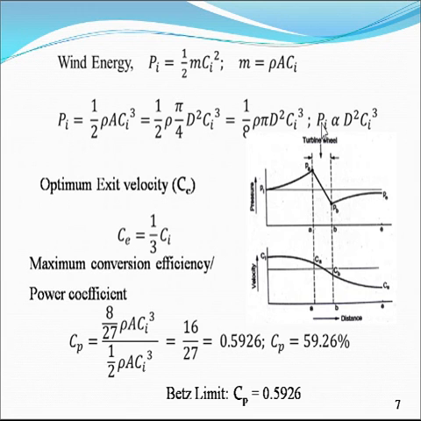That wind power is directly proportional to d square into Ci cube, and multiplied by efficiency it gives the output power available from the wind rotor. So the output from the wind machine is directly proportional to the diameter square and the cube of wind velocity.